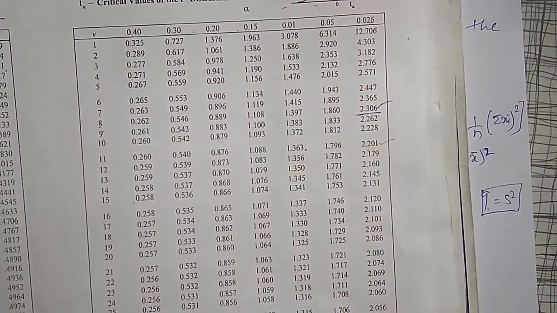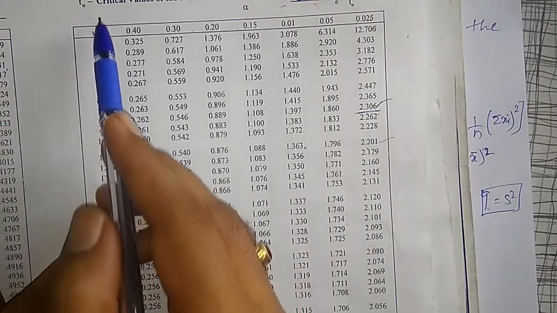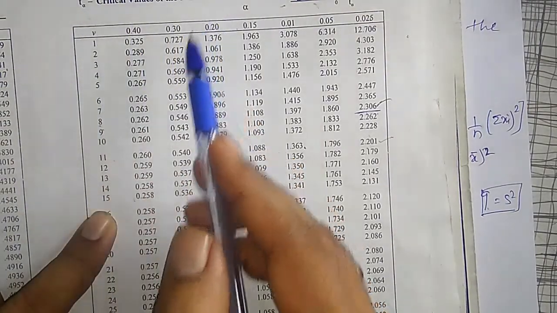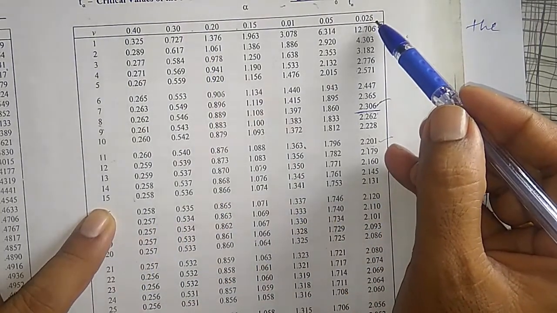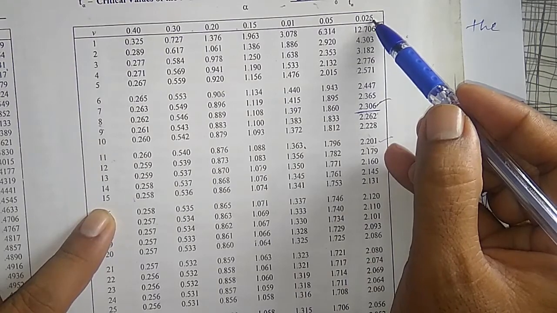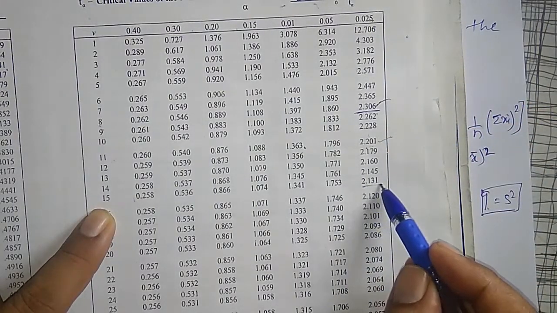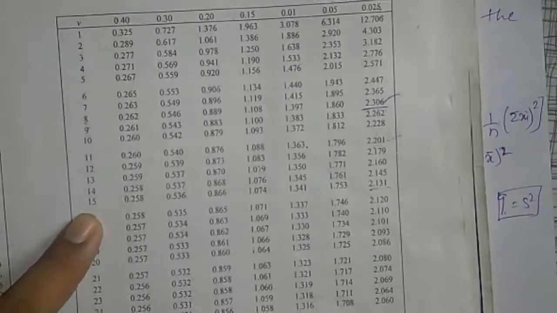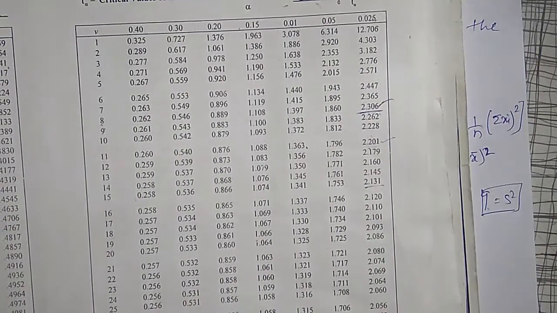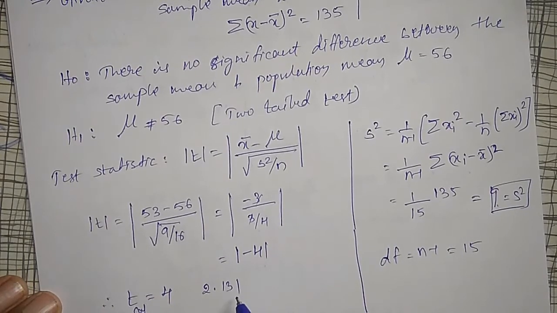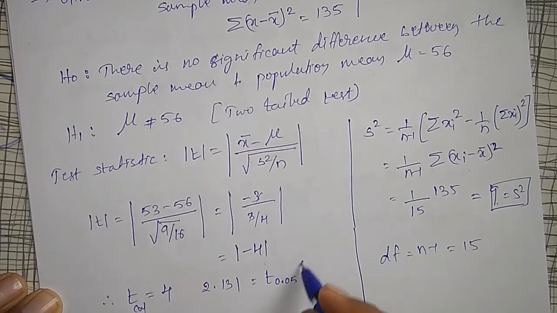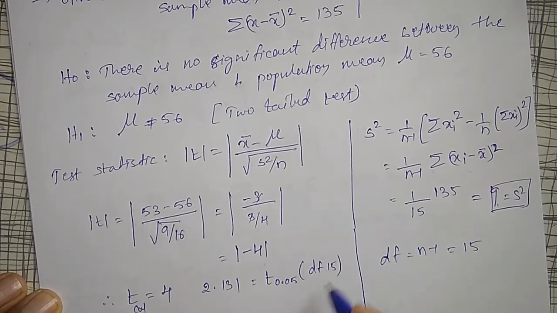The table is for degree of freedom 15 under T distribution, and column 0.025 for 5%, because it is a two-tailed test. For that, this value we can have, 2.131. This is the table value. Therefore, 2.131 is my table value, that is t0 for 5% level of significance with degree of freedom 15.